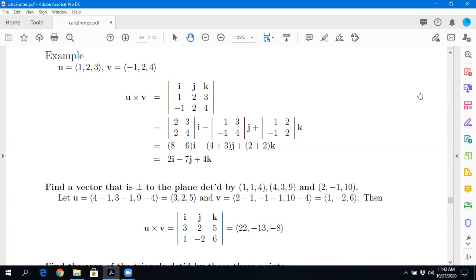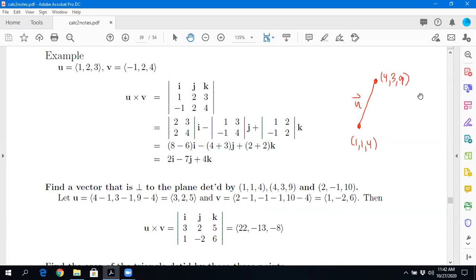Looks to me like what we do is we imagine that this point right here is the point 1, 1, 4. And I figure out what the vector is that goes to 4, 3, 9. And I call that u.